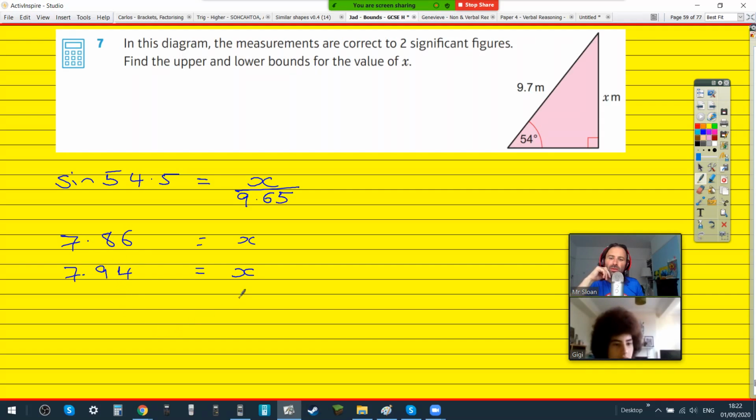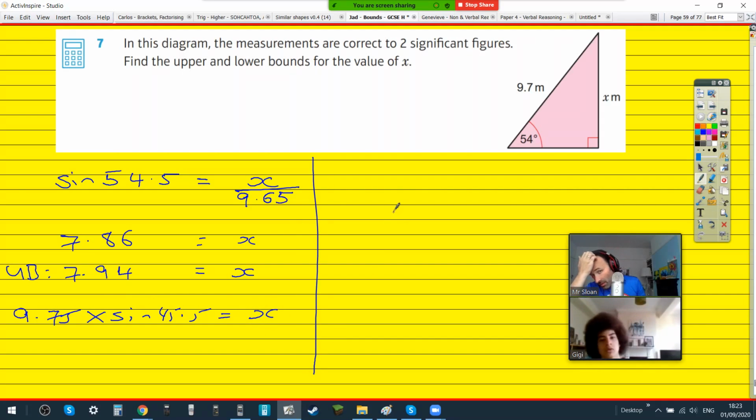What do you mean by the lower one? The 7.94. Yes, and that's because if you rearrange this equation, it would be x equals 9.75 times sine 45.5. So you're multiplying these to get x.